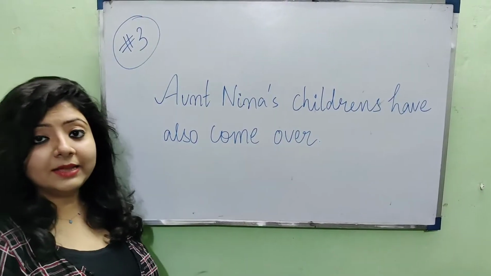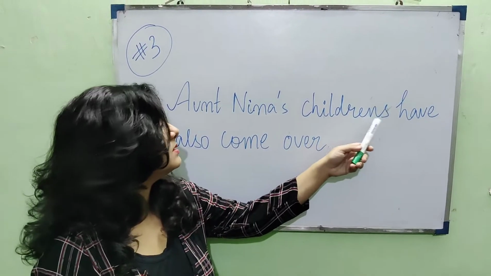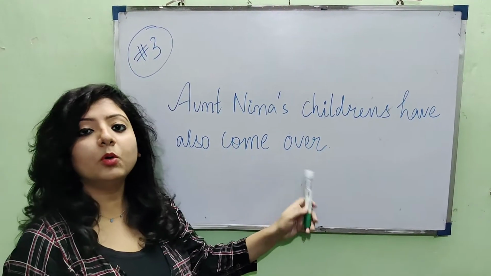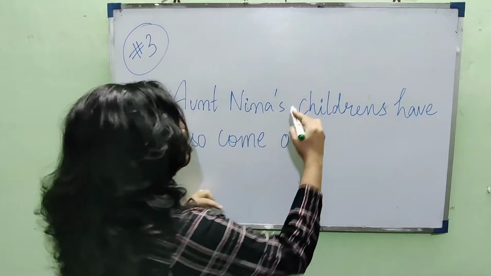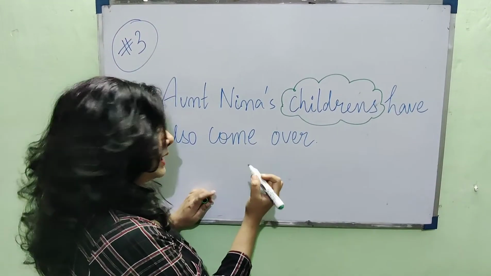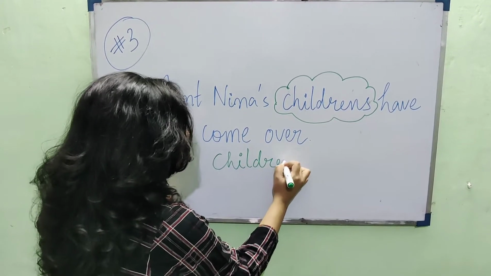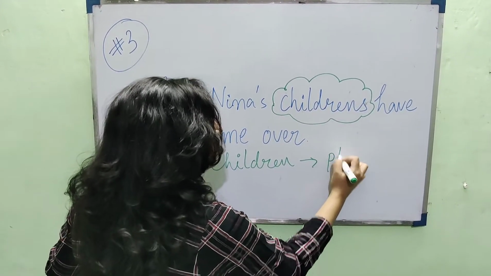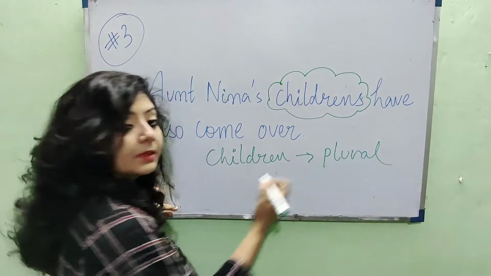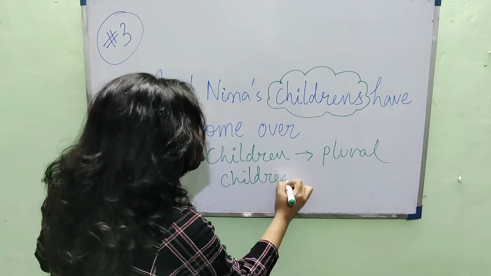So this is the third error that we saw in the letter. Aunt Nina's children's have also come over. Now the problem is here with the word children's, okay? When we write children, it is already plural. We do not have to write children's, okay?